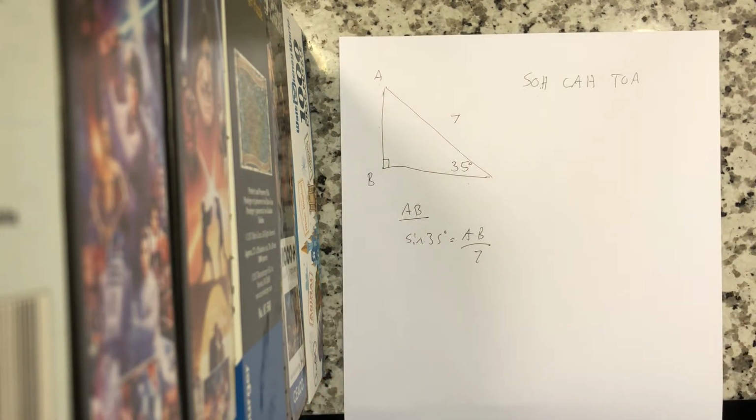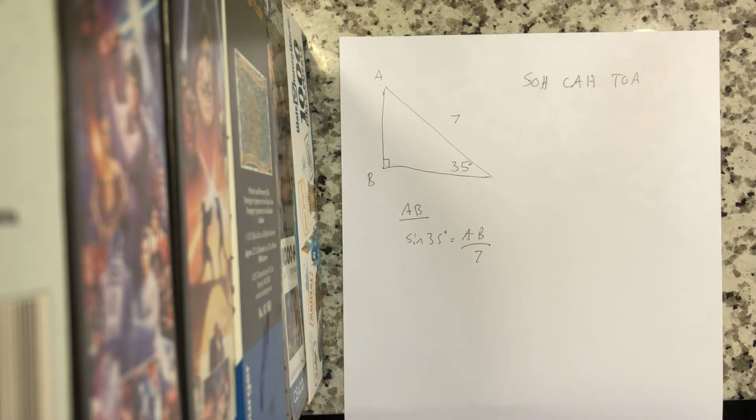As a reminder, you guys will need a calculator for this stuff. So what you do first, depending on the calculator you have, you'll do one of 2 things. You'll either type 35 and then the sine button and then equals, or you'll type sine and then 35 and then equals.